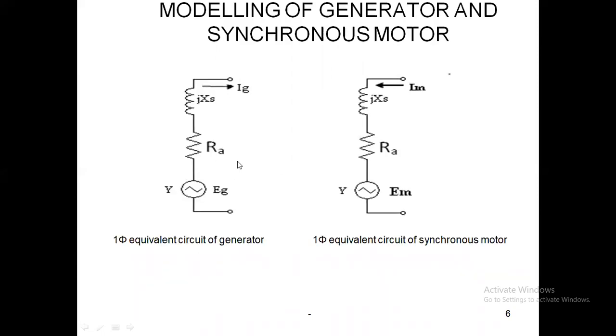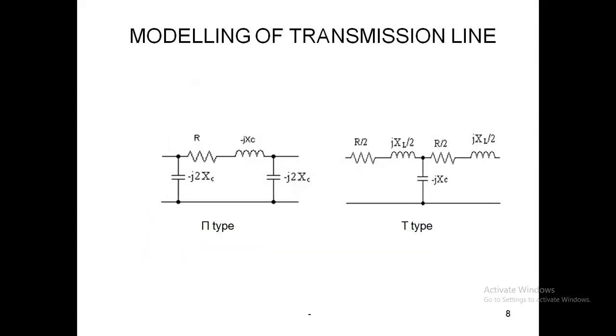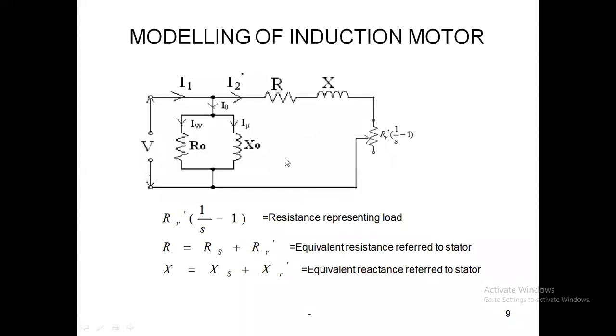For doing the power system analysis, we have to model the components of the power system. This includes the modeling of the synchronous machine, transformer modeling, and transmission line modeling. I have told you that in the performance of the line, we model the transmission line, and after that there is induction motor modeling.